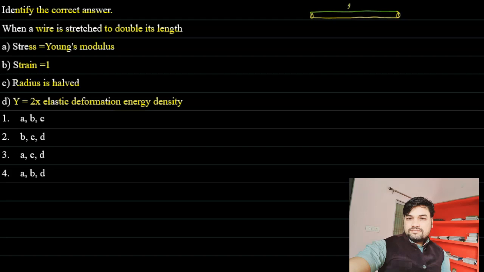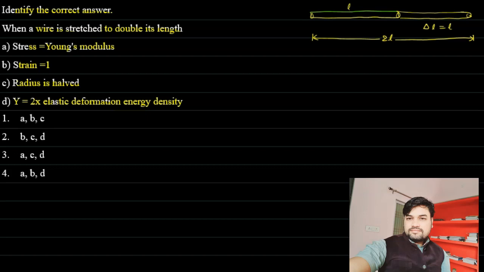So this wire is stretched to double its length. This wire is again stretched to length L. So delta L equals L and the total length of the wire is 2L, twice of L.